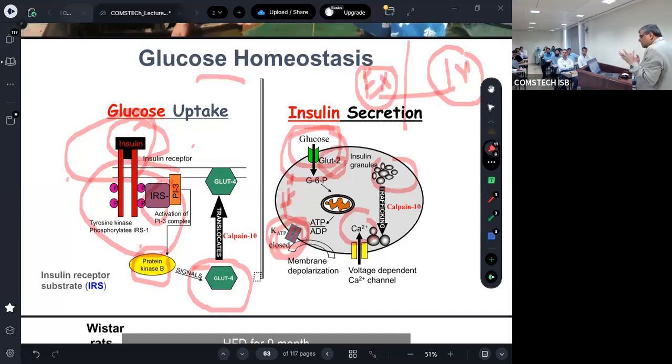Once insulin is induced, glucose is taken up by the cell, so the glucose in the blood goes to the cell and there is balance. If the glucose molecule cannot come to the cell, what will happen?